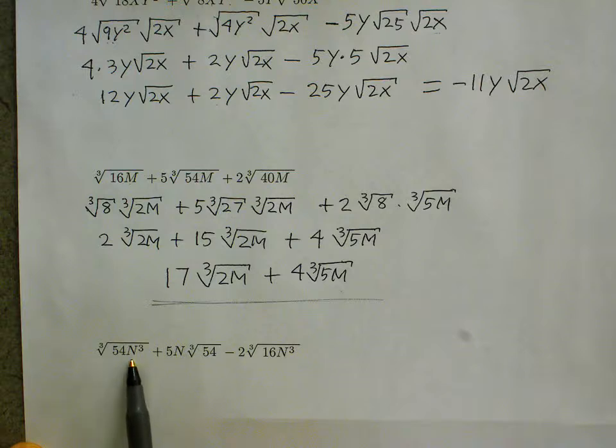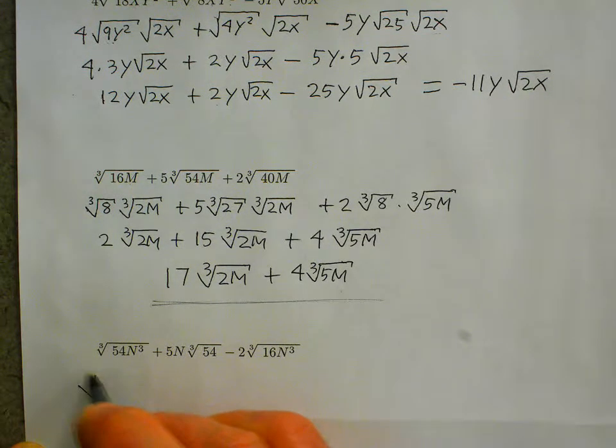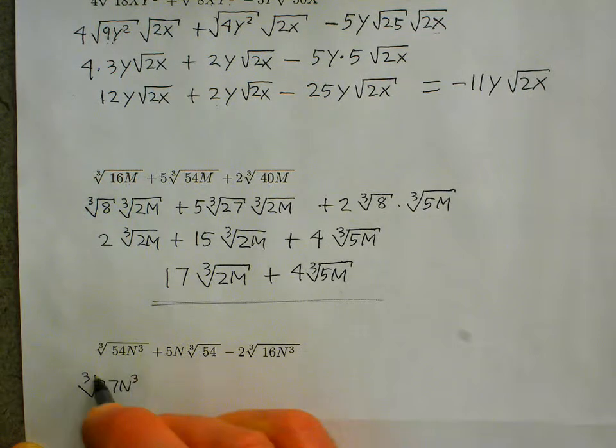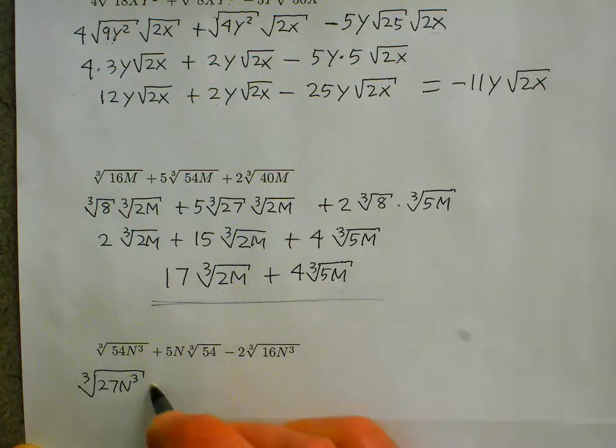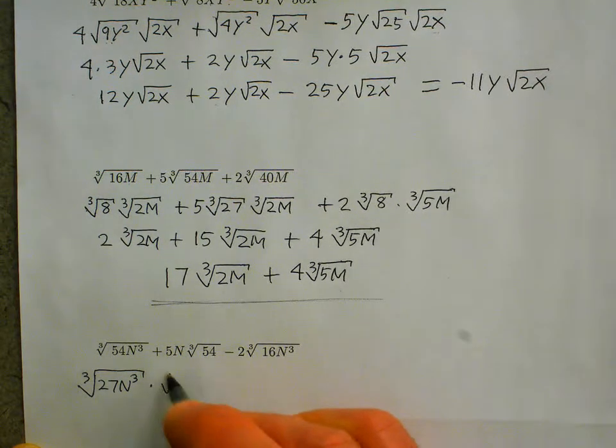N to the third is a perfect cube because the exponent is a multiple of 3. So we could rewrite this as the cubed root of 27 times n to the third times the cubed root of 2.